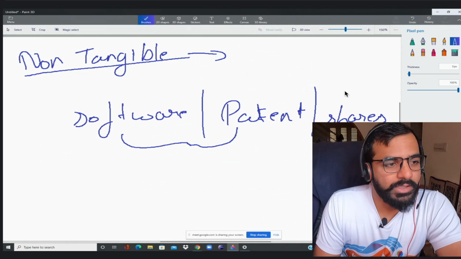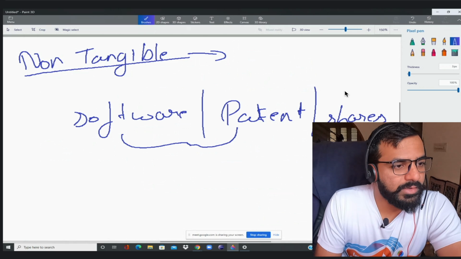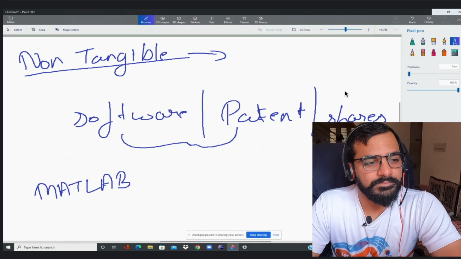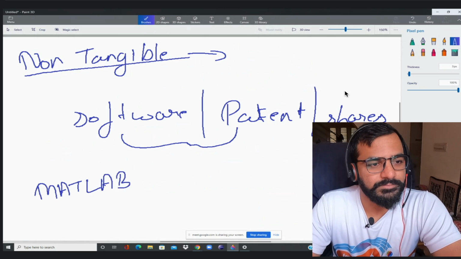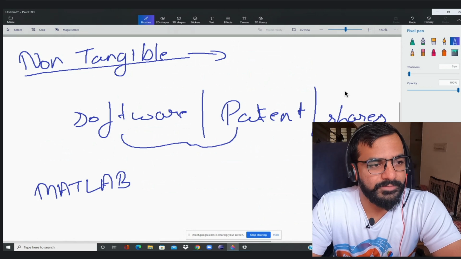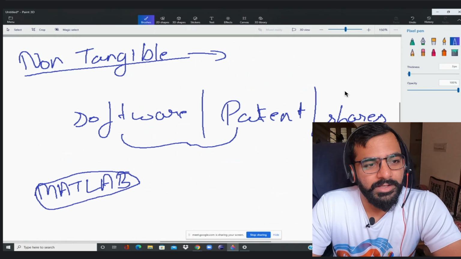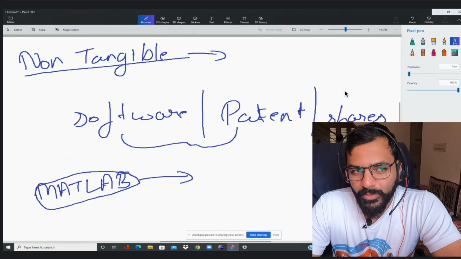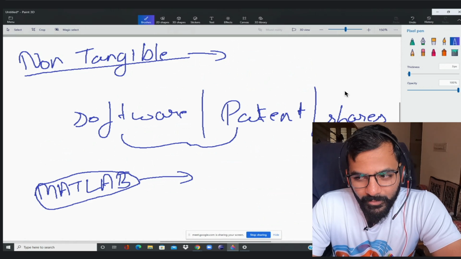I think most of you have heard about a software company. They provide this software. Correct, no? Now, this is their asset. Any questions?